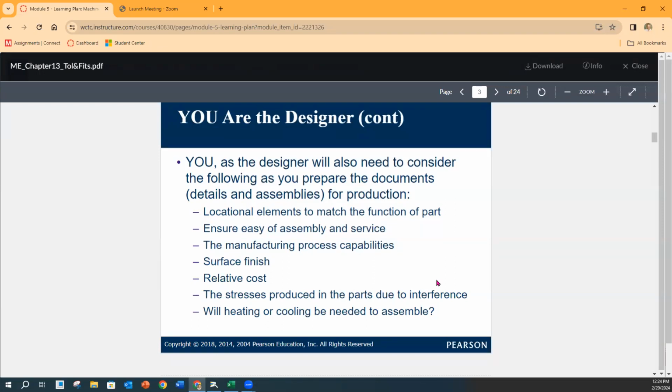You need to ensure ease of assembly and service. If there are parts here that could fail, you want to have the ability to get at those easily, so that whoever is fixing it, whether it's the customer or a service tech, is not having to rip everything apart to get to what they need to change.